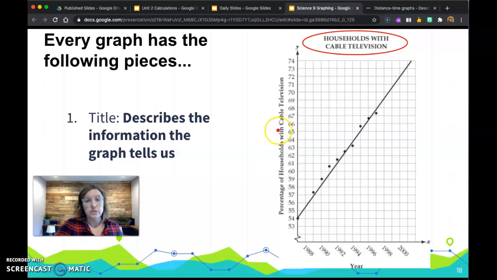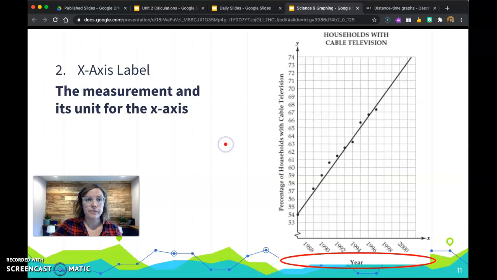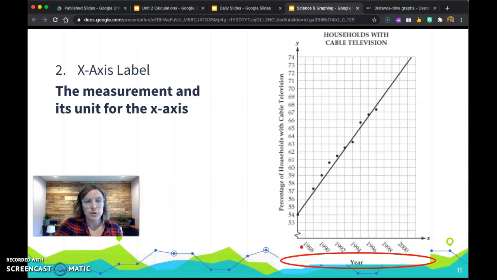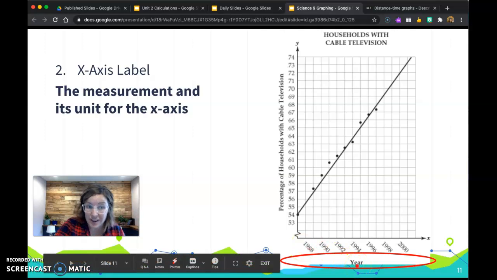So let's look at each piece of the line graph. Every graph has the following pieces. You have your title, right? That describes the information that the graph is telling us. You have your x-axis label, not the unit, the label. So this is the measurement, and it'll tell you what the unit's going to be.